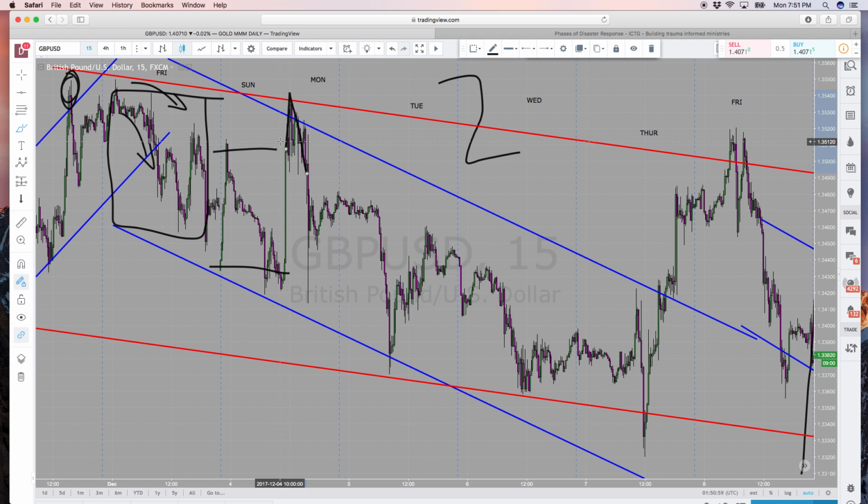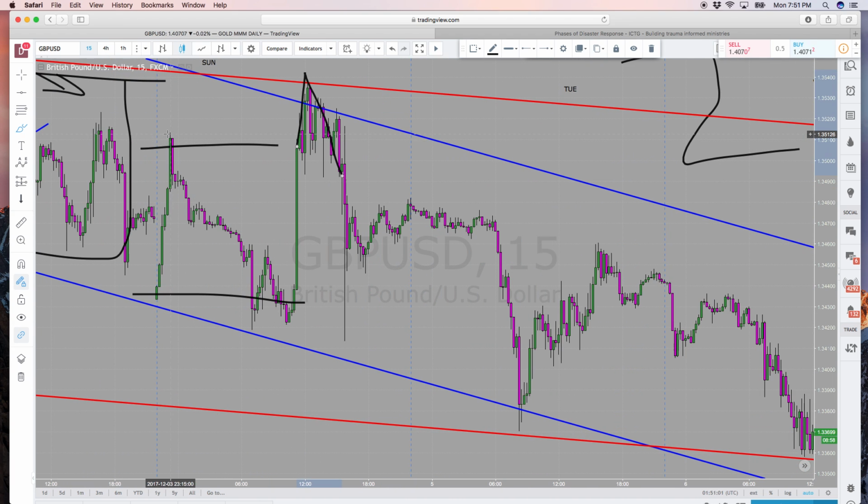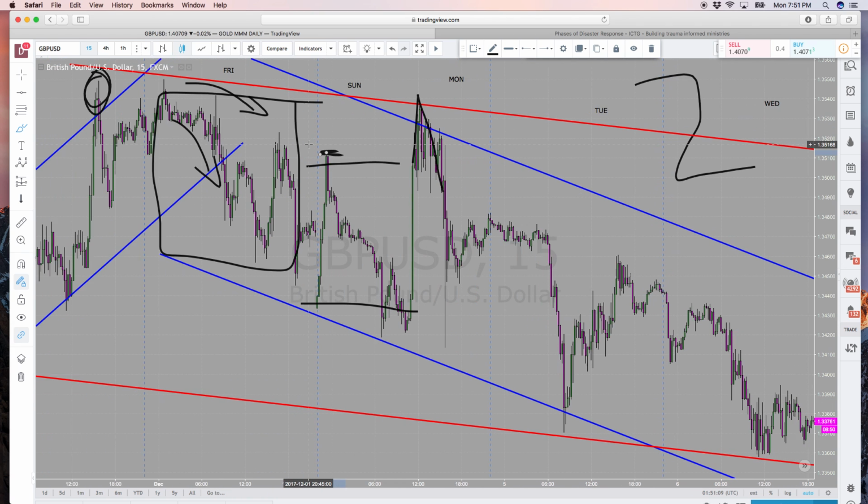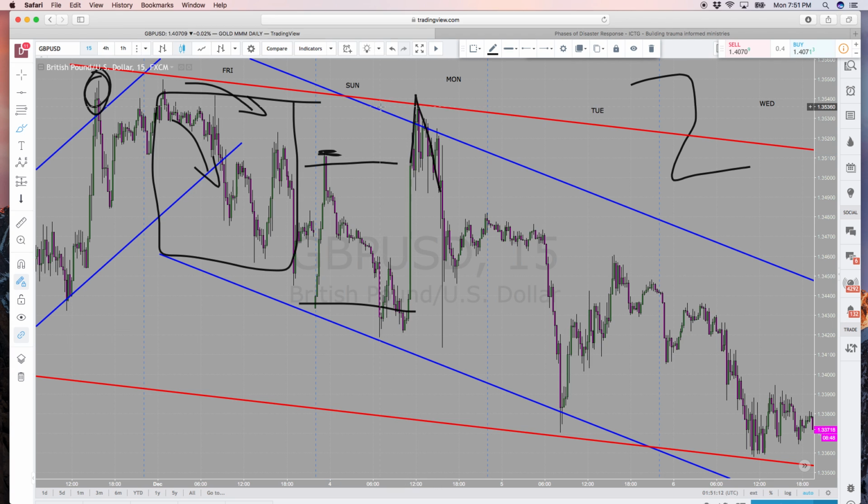Now that was not only a break to the high of the day and the week, so this is the high of the new week and also the high of the day at the time, but they also broke to the high of the previous week and the previous month, right?